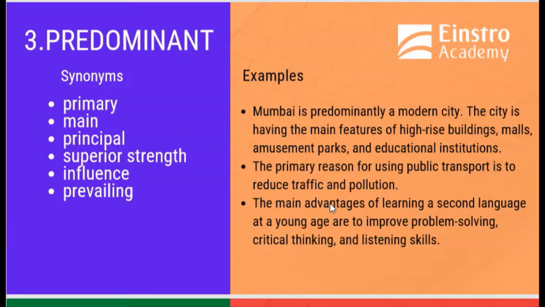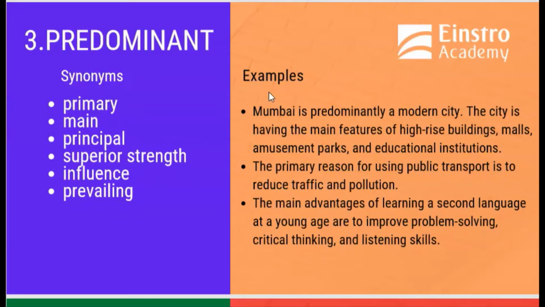In the topic sentence, or anywhere that you are giving stress or importance, where you are going to say something as a first thing, in such situations you can use predominant. Okay, so let's see the examples.